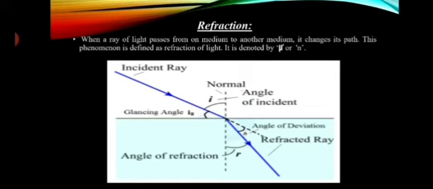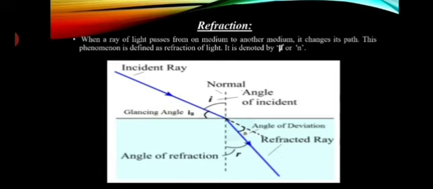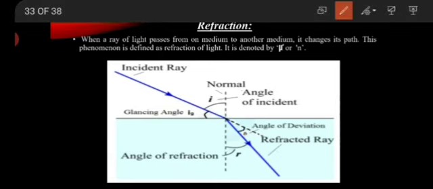So when the ray travels from rarer medium to denser medium, it bends its path close to the normal. If we consider this as the incident ray, and this is the rarer medium, and this is the denser medium, it bends towards the normal.